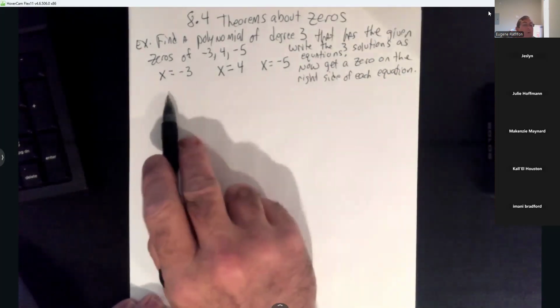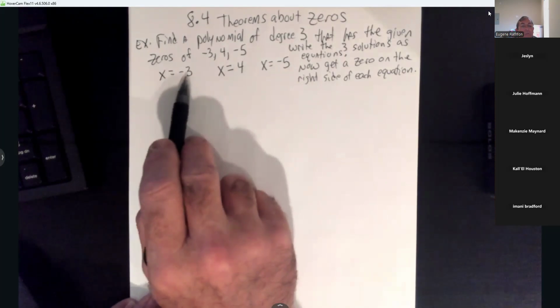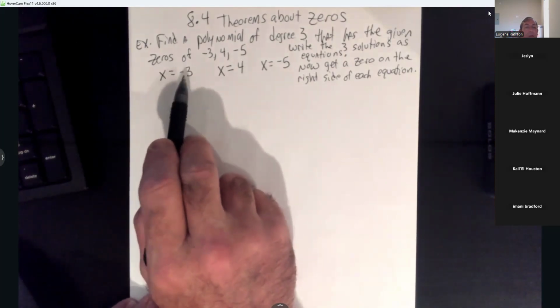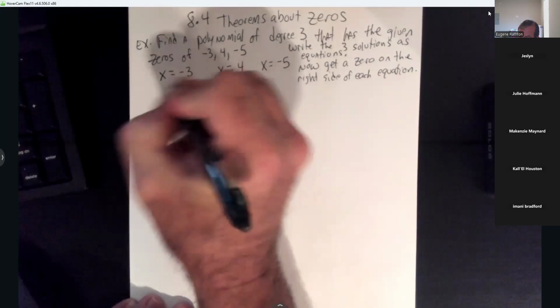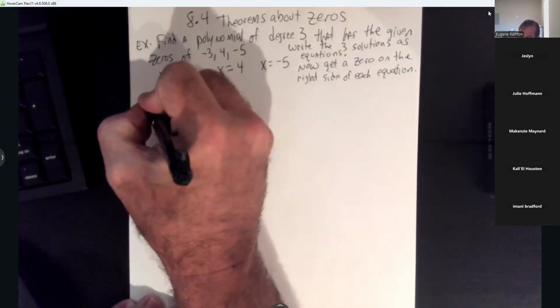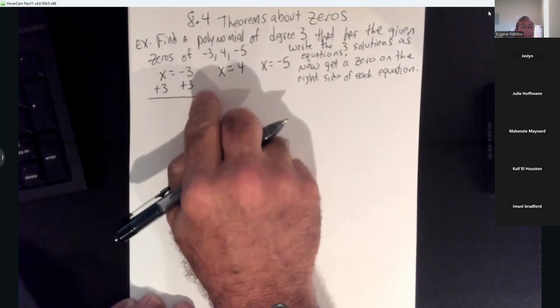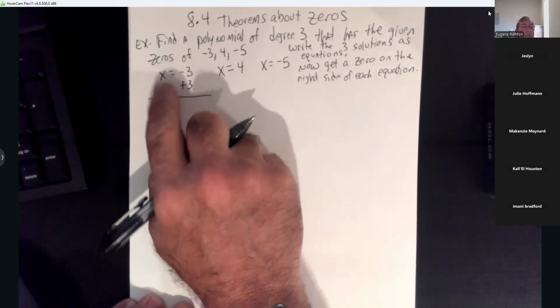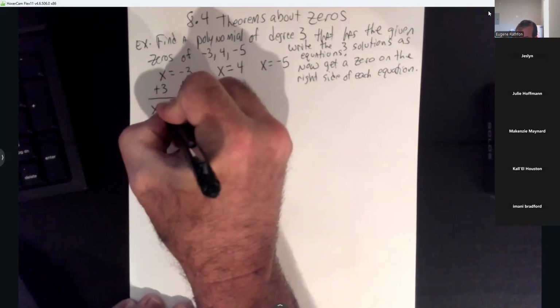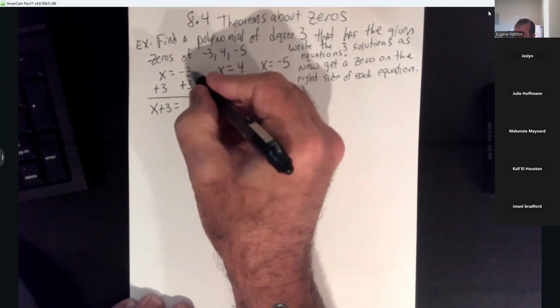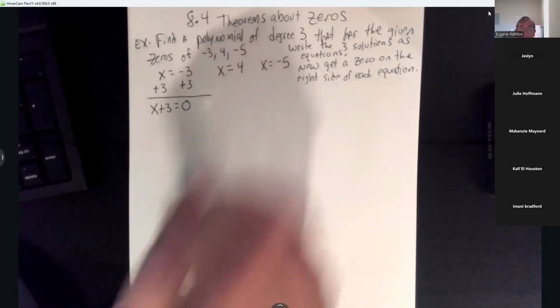So I'm going to get a 0 on the right side of an equation. So this one has a -3 here. If I want this to be a 0 on that side, I'm going to add 3 to both sides. Okay, what I did to this side, I got to do to that side. So this side now becomes x plus 3. And that's going to equal -3 plus 3 is 0.